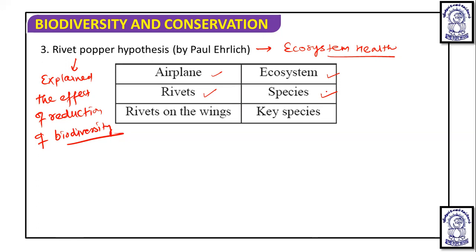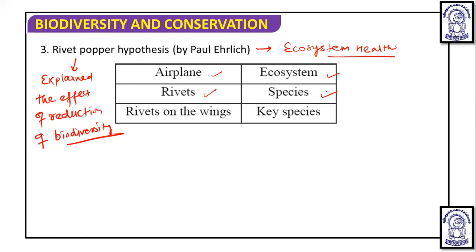The rivets present on the wings are considered key species that drive major ecosystem functions. Losing them is obviously a more serious threat to flight safety than the loss of a few rivets on the seats or windows.